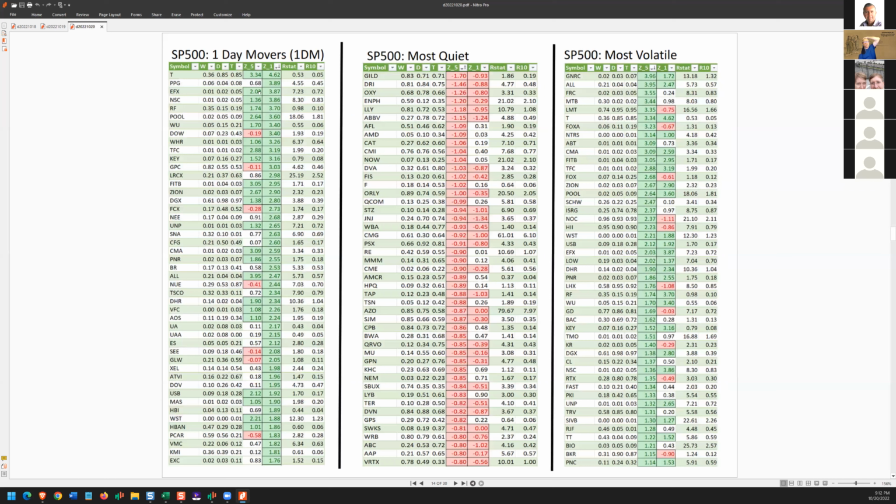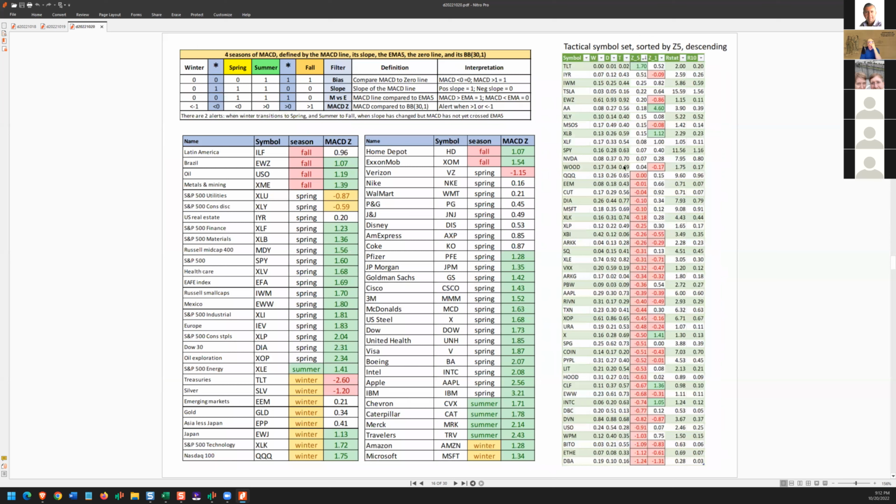Auto framer stats from the TC2000 bundle. And then the sniper stats for the tactical symbol set sorted by the descending 5-day volatility score. Look how volatile treasuries are. They're just getting smashed.